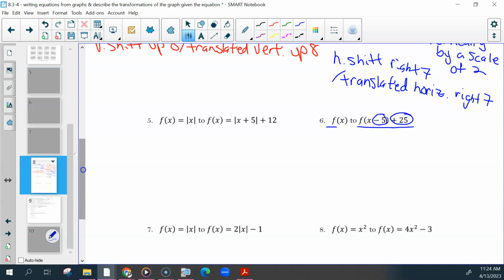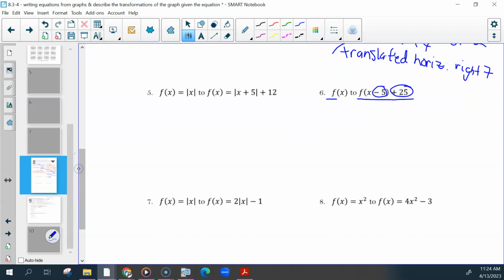So we're going to have two transformations. One's inside, one's outside. Think about what that means. What would the -5 do? What type of transformation would that be?